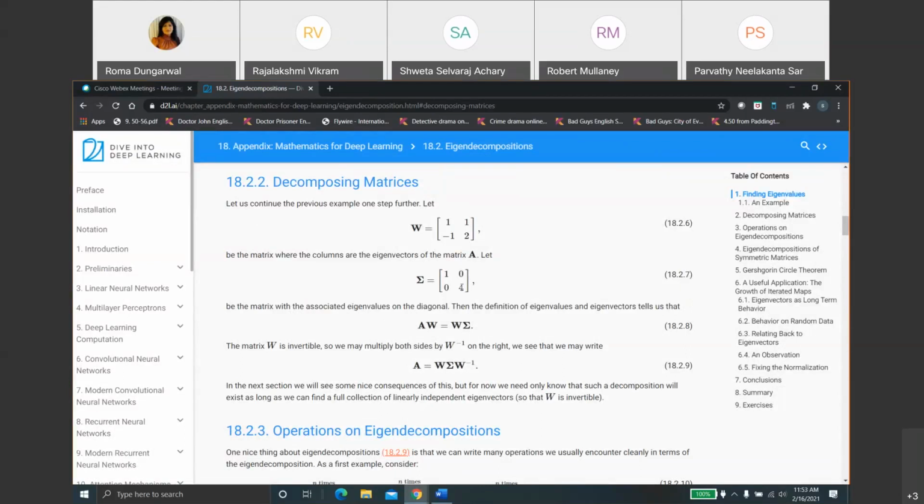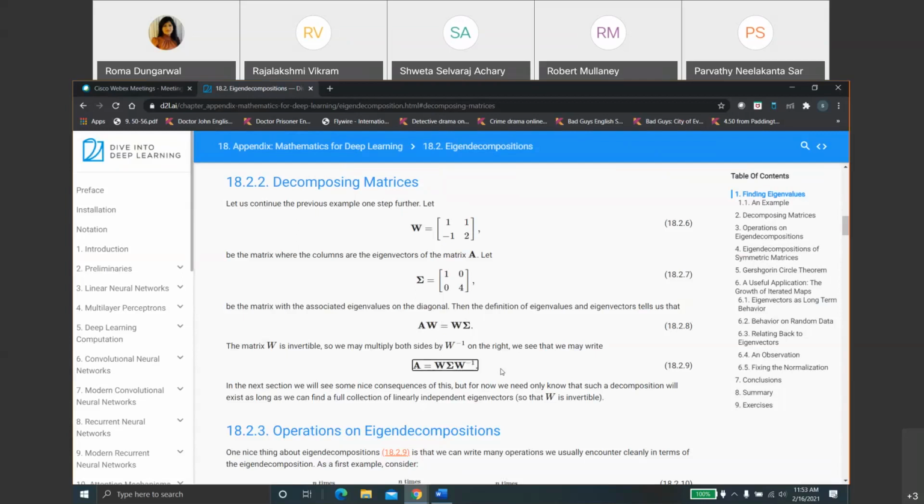We remember the formula AV equals lambda V. Here your V is W, and lambda is represented by sigma. Substitute it. When you multiply throughout by W inverse, that is the inverse of your eigenvector matrix, you will get the matrix A. So this is how you represent A using its eigenvalues and eigenvectors.